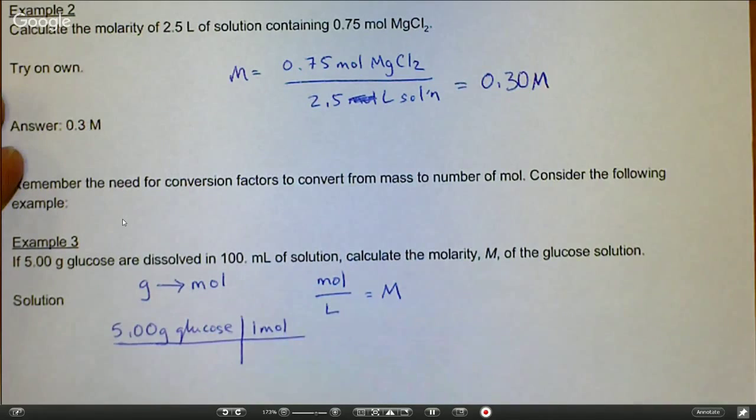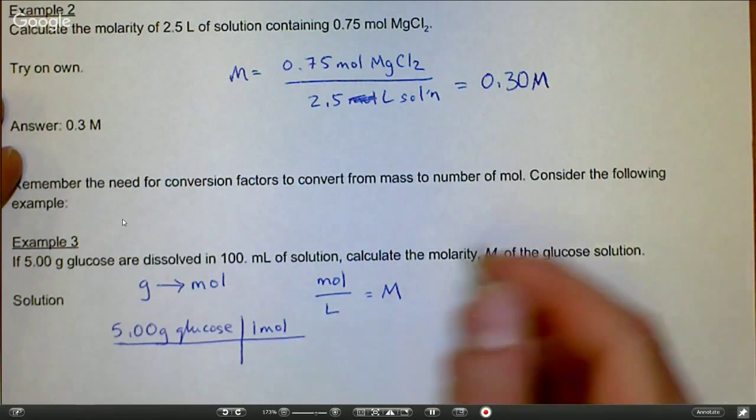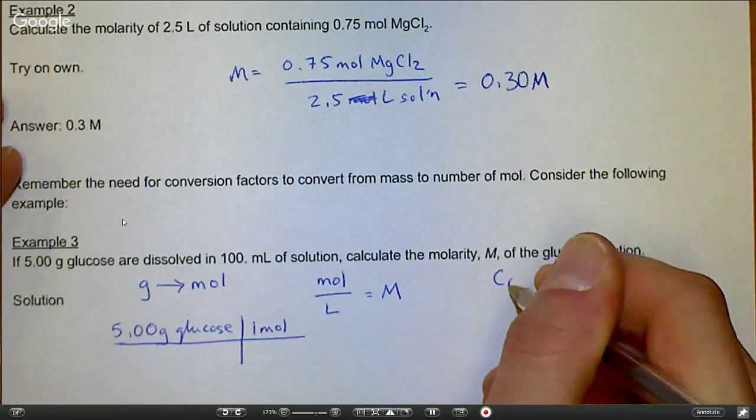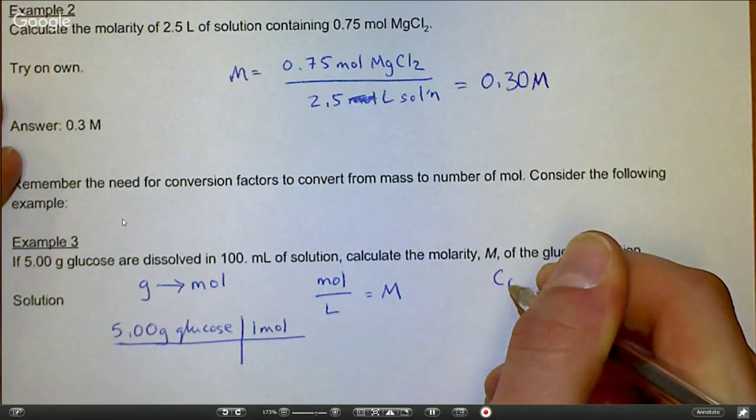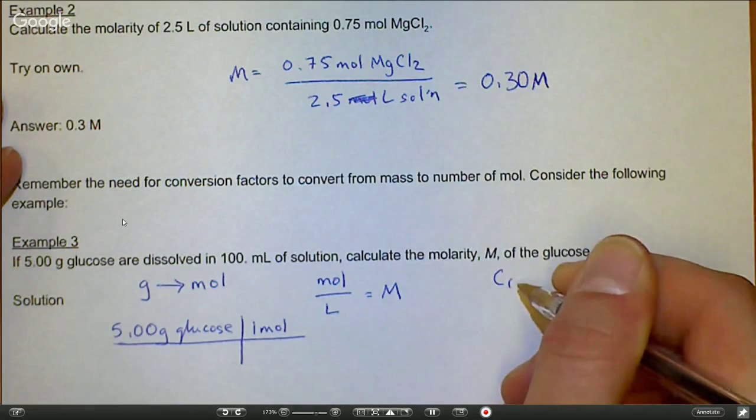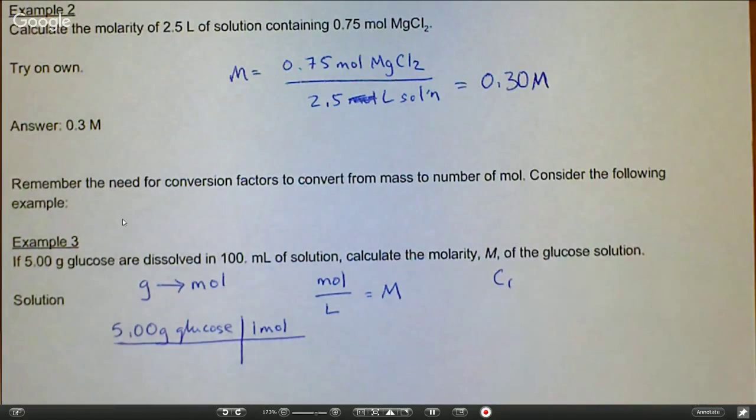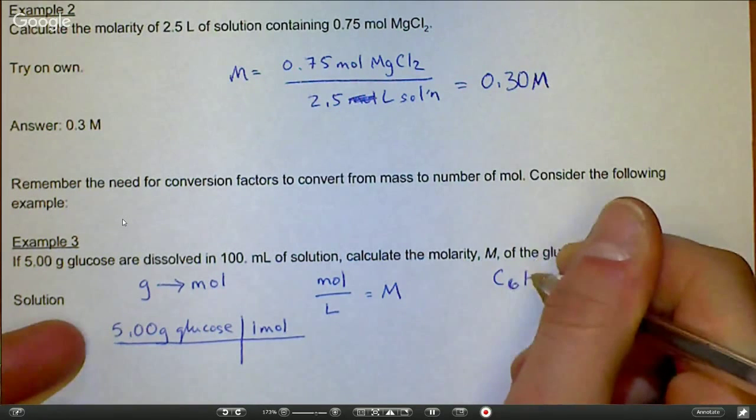So the molar mass of glucose, glucose is C6H12O6.